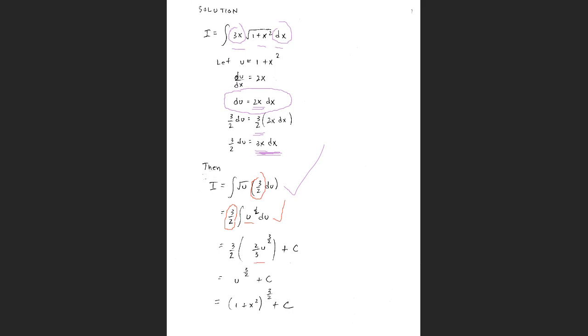Of course, we have our constant of integration because this is an indefinite integral. Well, 3/2 times 2/3 just gives me a 1. So I end up with my integral being u to the 3/2 plus a constant.